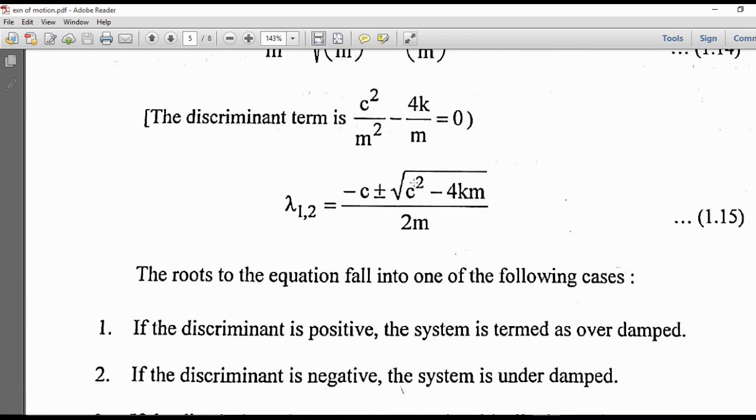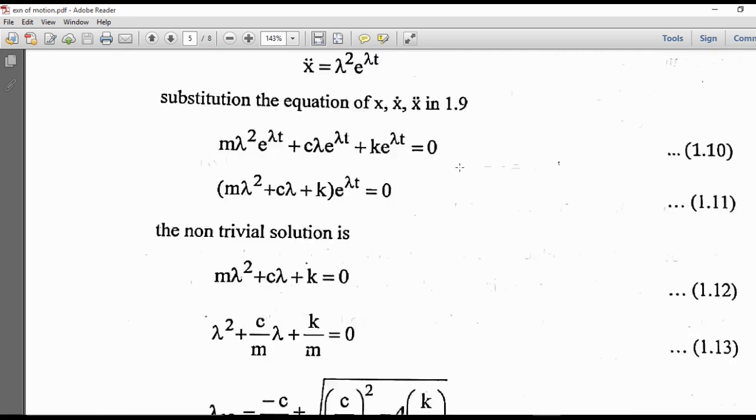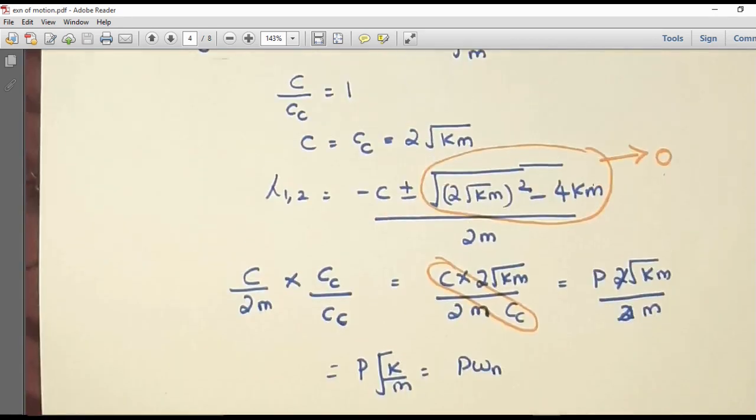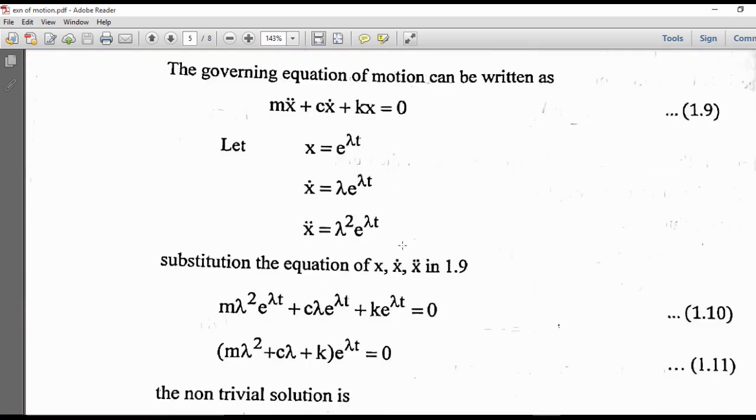So this becomes 2 root Km the whole square, which becomes 4 Km. So this term becomes 0, which I have described here. I know that Cc equals 2 root Km. When I substitute that in place of C, it becomes 4 Km minus 4 Km. So this value becomes 0. So the only root that is left out is minus C by 2M.